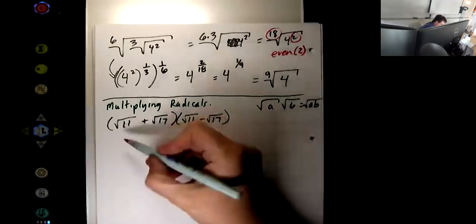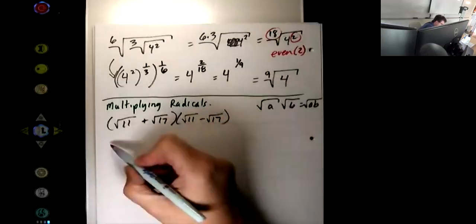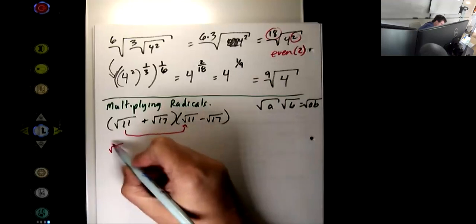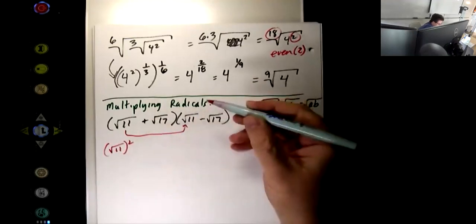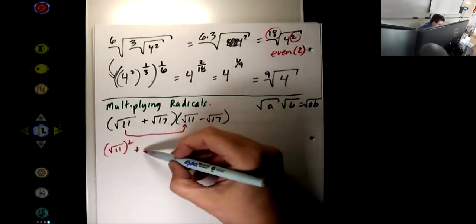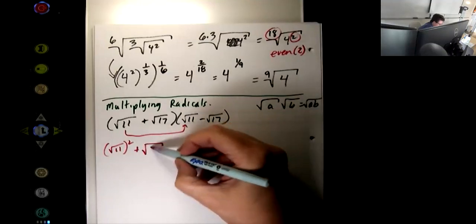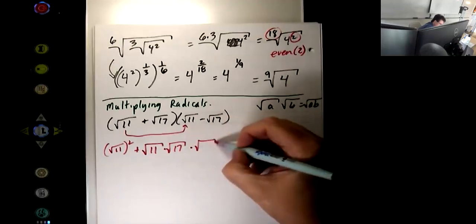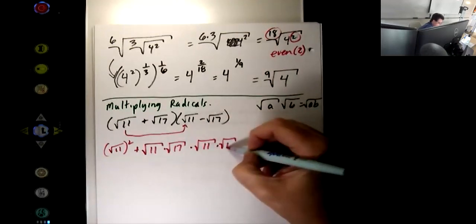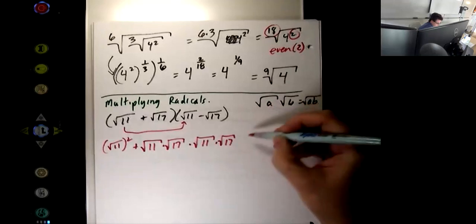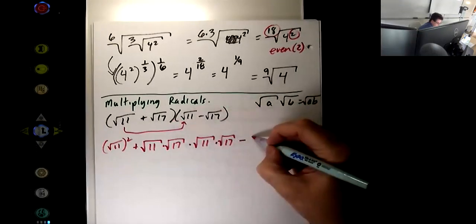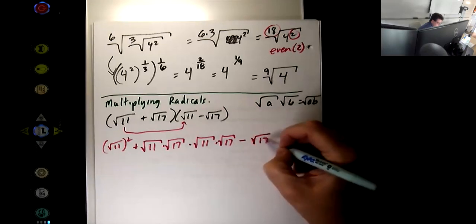Now, an astute mind will see that this speeds up quicker. But if I multiply these two, I get the square root of 11 squared, and then a plus square root of 11 times square root of 17, minus the square root of 11 times square root of 17, and then a minus square root of 17 times square root of 17, which is square root of 17 squared.